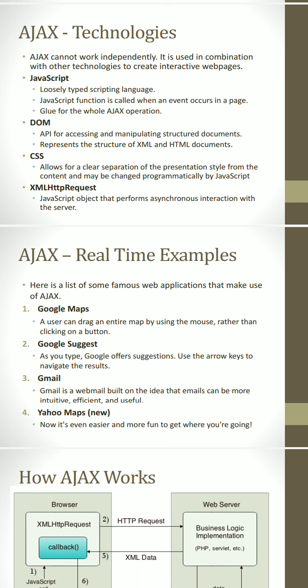Last example is Yahoo Map. Now it's even easier and more fun to get where you are going with Yahoo Map. So these are some major applications you must remember about Ajax: Google Map, Gmail, Google Suggest, Yahoo Map.